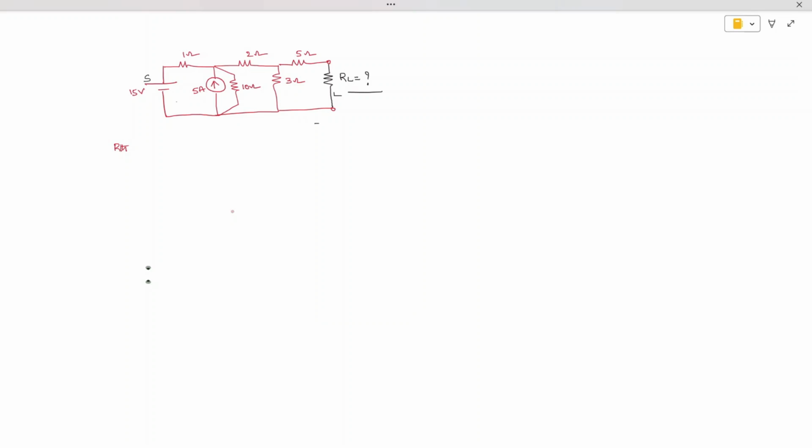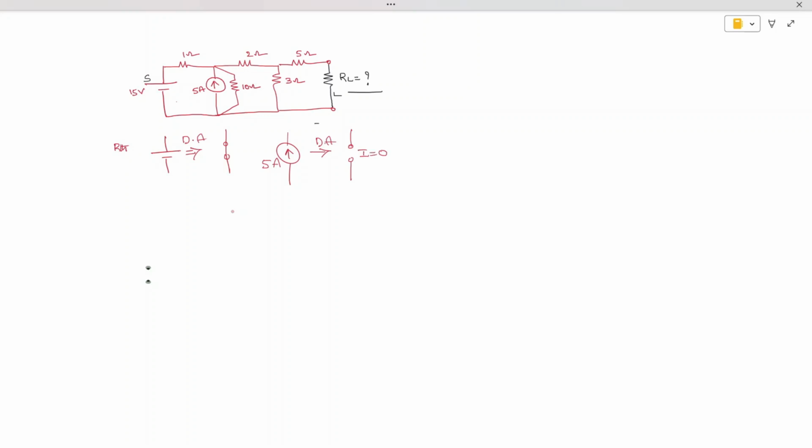This is a voltage source; it has to be deactivated and made a short circuit. And this is a current source of magnitude 5 amps, and this source has to be deactivated. Deactivating this source indirectly means making the current equal to 0.